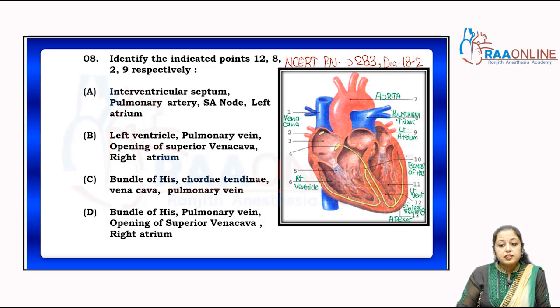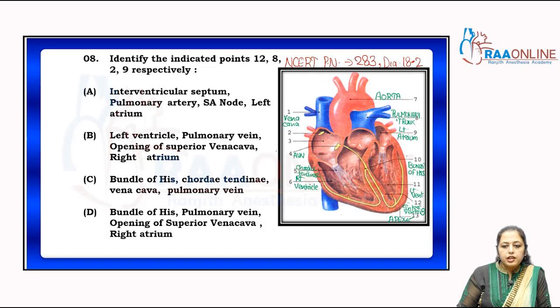That 5th one indicates towards the cords, so these are called the chordae tendineae, right? See, that 4th shows that yellowish node, and that is called the AV node, the atrioventricular node.